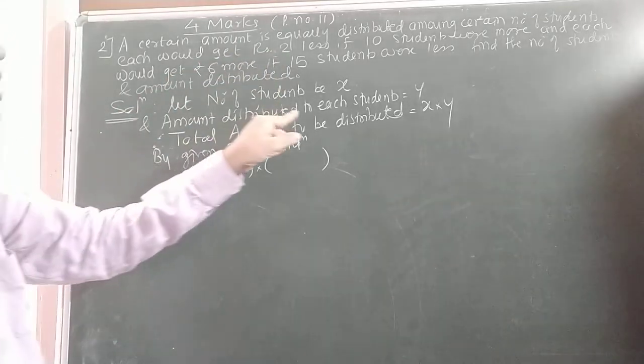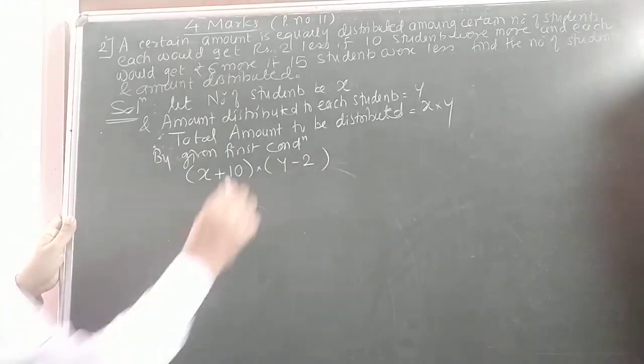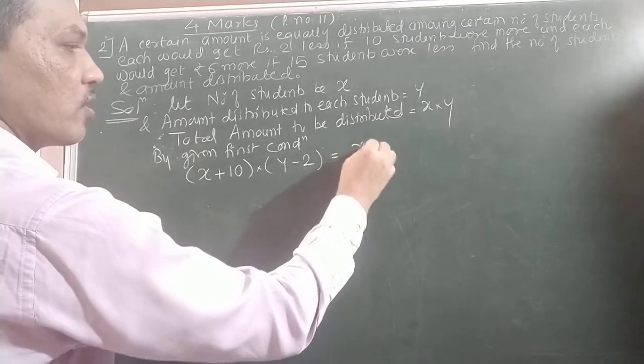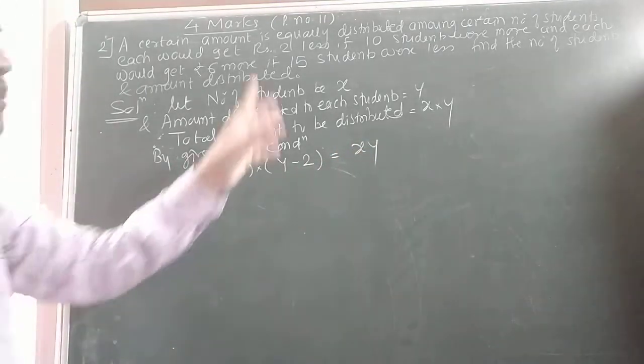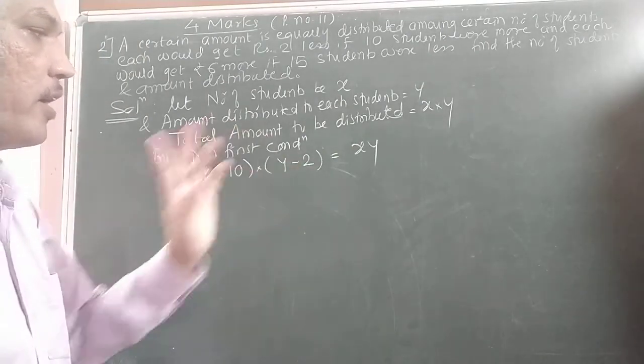Initially each would get y rupees, so now y minus 2, but the amount will be the same, total amount xy. If 10 students are added, each will get 2 rupees less, that is why y minus 2.